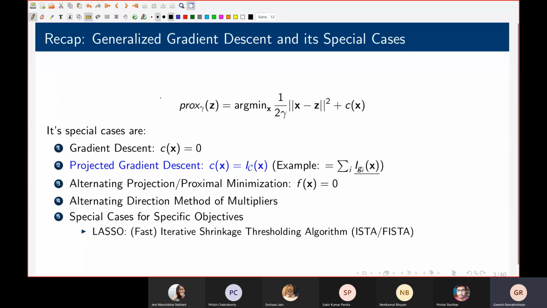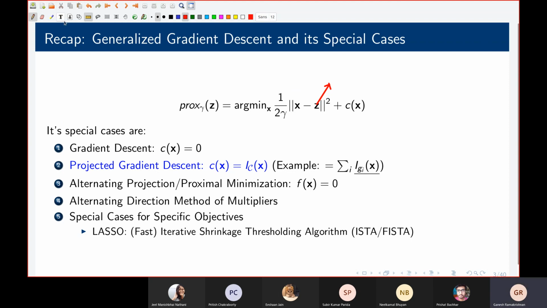Okay, so the generalized gradient descent was about identifying this proximal step with respect to any routine update you may have. The Z is any routine update. This could be the accelerated gradient descent or any of the stochastic variants.